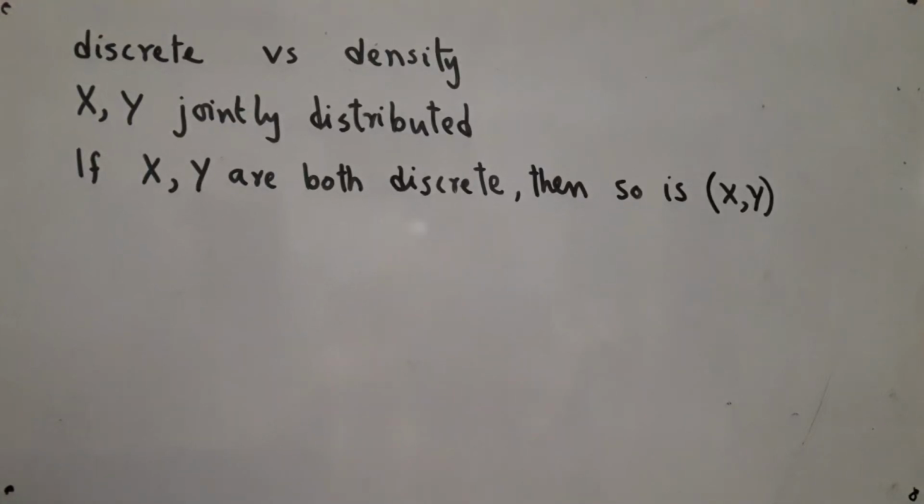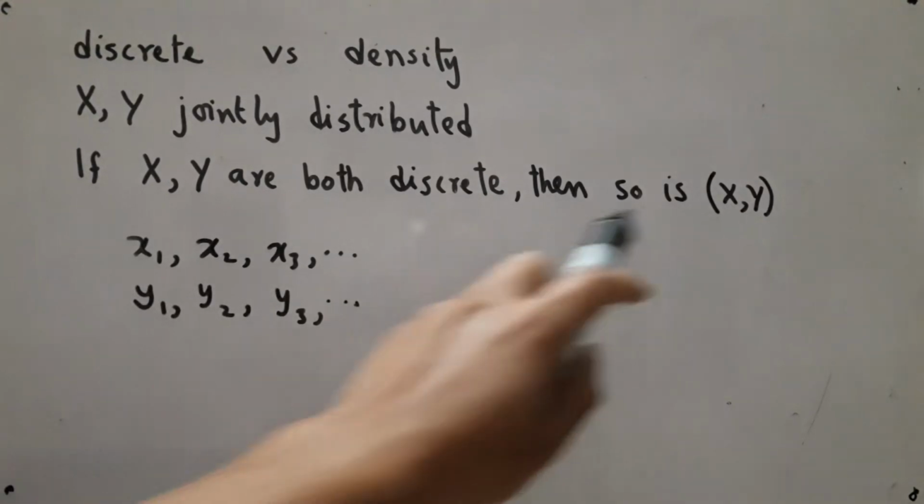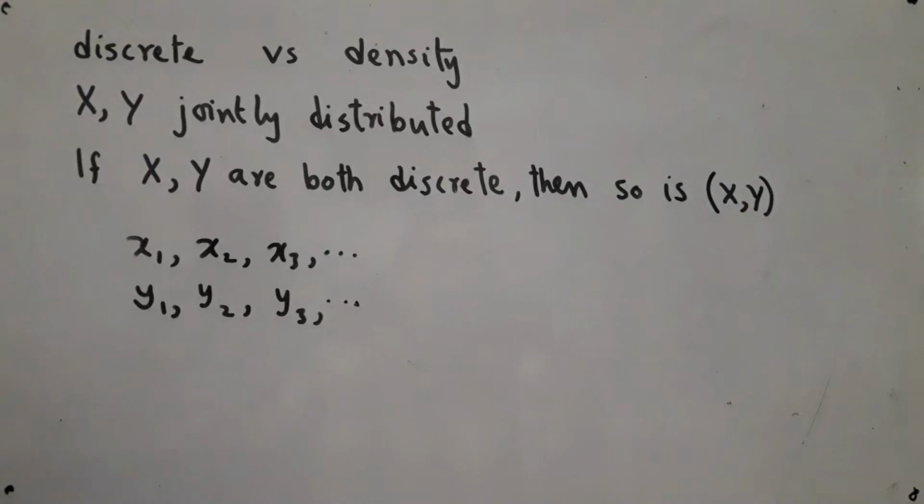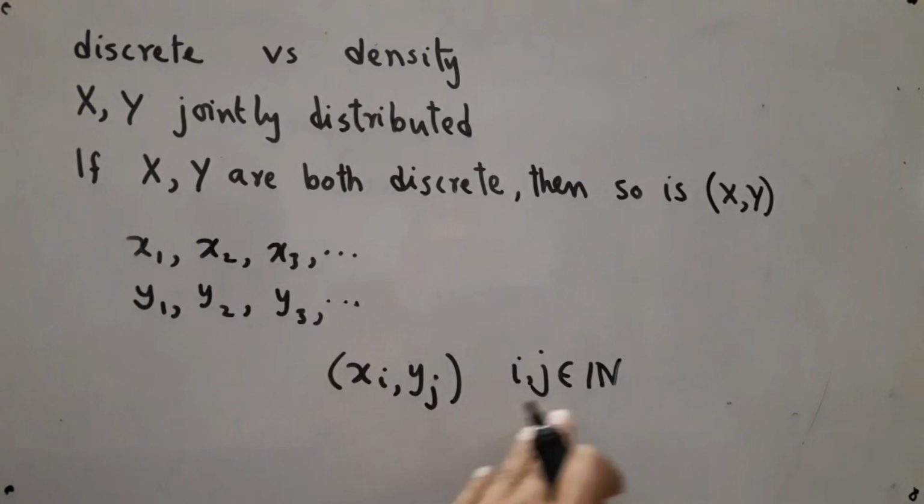We had already seen it in SEM 1, and the reason is that if x is discrete, then it can take only countably many values, and similarly for y. And as a result, the pair xy can take only the values xi, yj, where i, j are both in natural numbers.